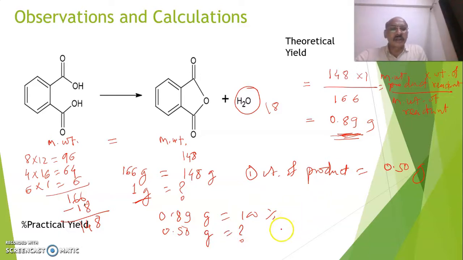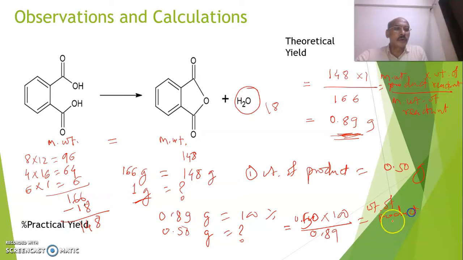So we have to calculate that as equal to 0.50 multiplied by 100 divided by 0.89. So as a formula we have to write weight of product divided by theoretical yield multiplied by 100. And what comes out will be your percentage practical yield.